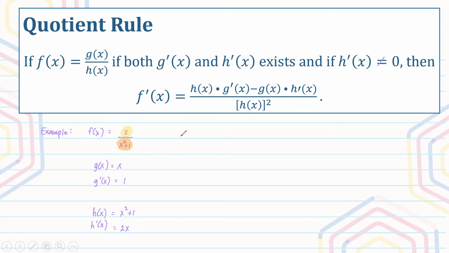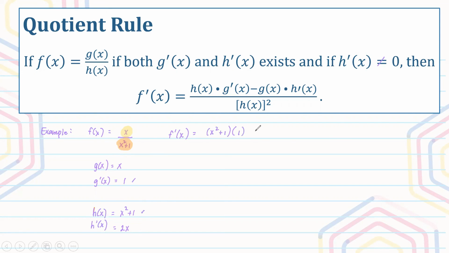Okay. Next, solving for the f prime of x, we have f prime of x is equal to, start with the h of x first. Our h of x here is x squared plus 1. So we have x squared plus 1 times g prime of x. G prime of x is 1.